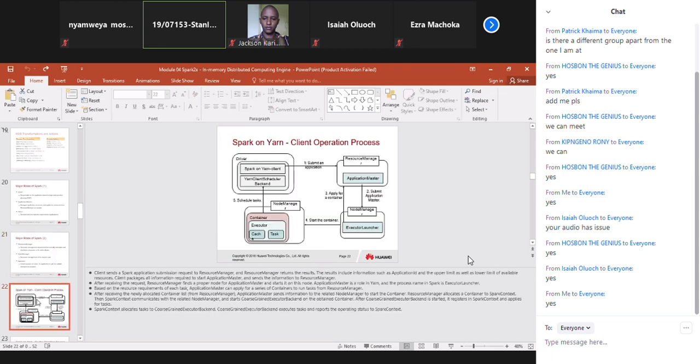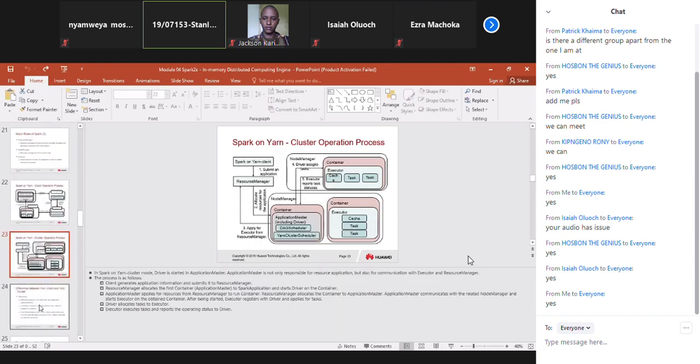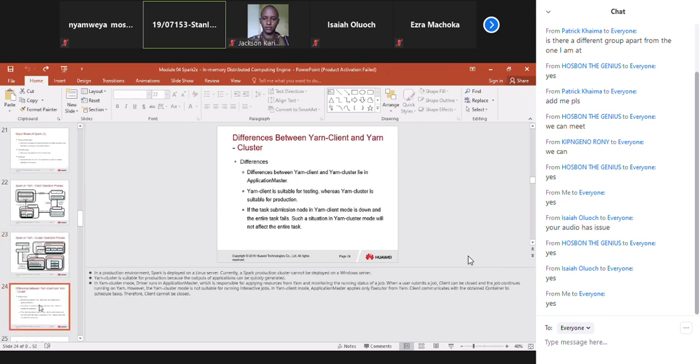Then you find we said Spark can also run on Yarn. Again, we need to understand the differences between Yarn client and Yarn cluster. You find that Yarn client and Yarn cluster, both of them have the application master.